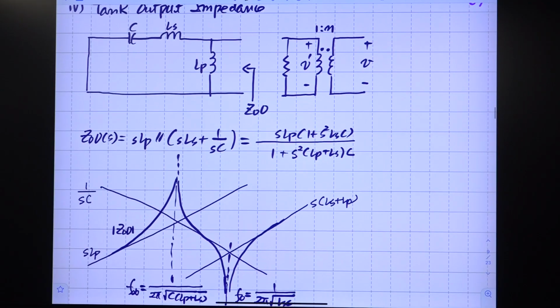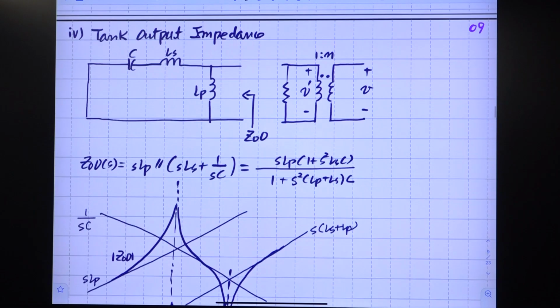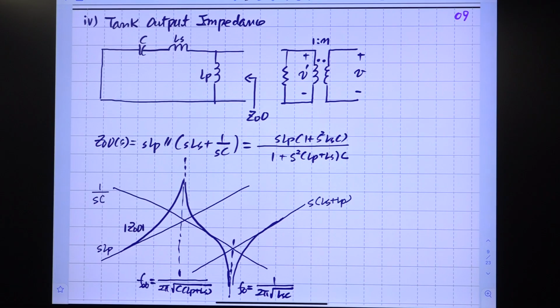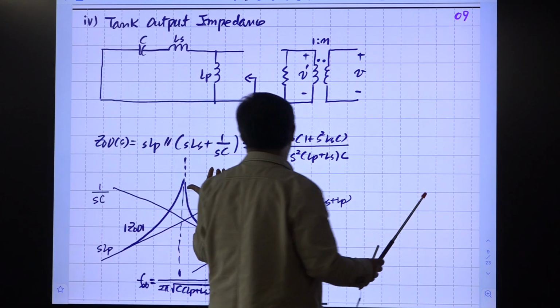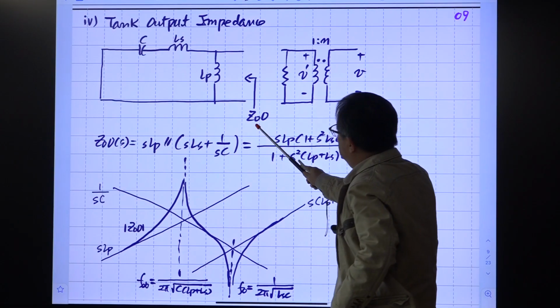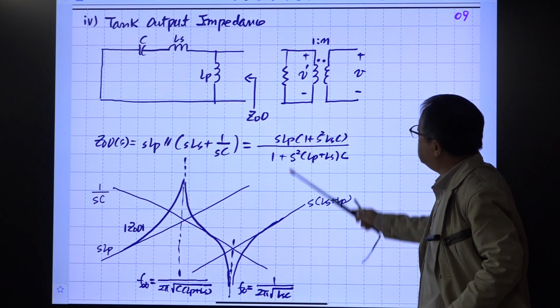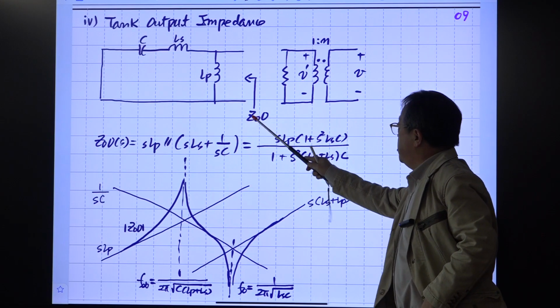All right? Another one. I'd like to explain the characteristic of the output impedance of this tank circuit. Again, we are seeing the circuit on the primary side of the transformer. So this is the output impedance evaluated with the input port shorted. This is important.